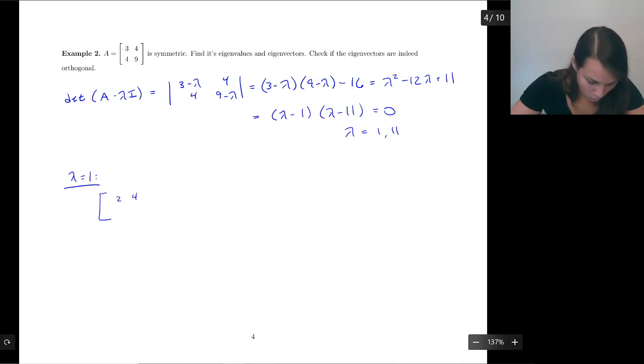So if we plug in 1, we end up with this augmented matrix. So that'll fall out pretty quickly.